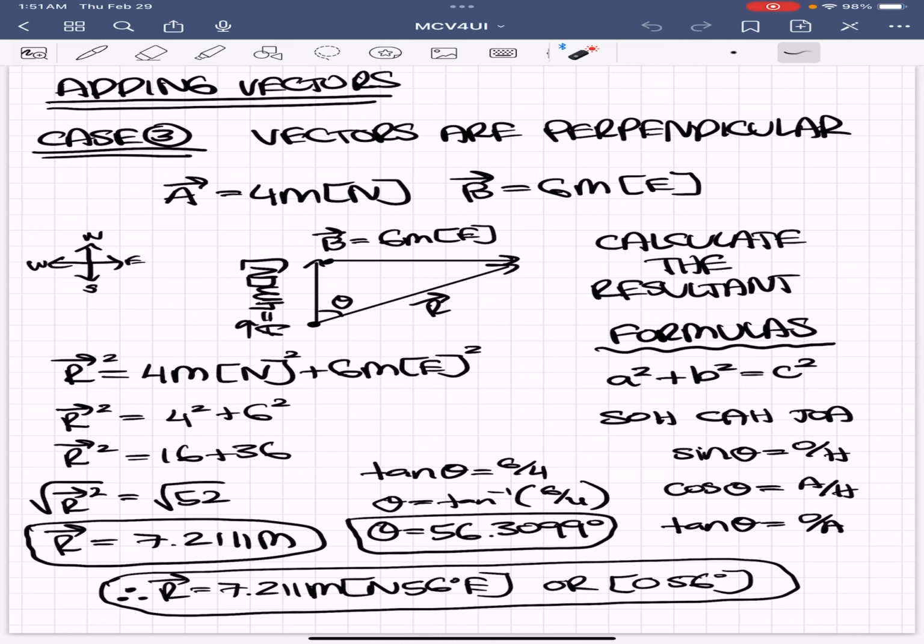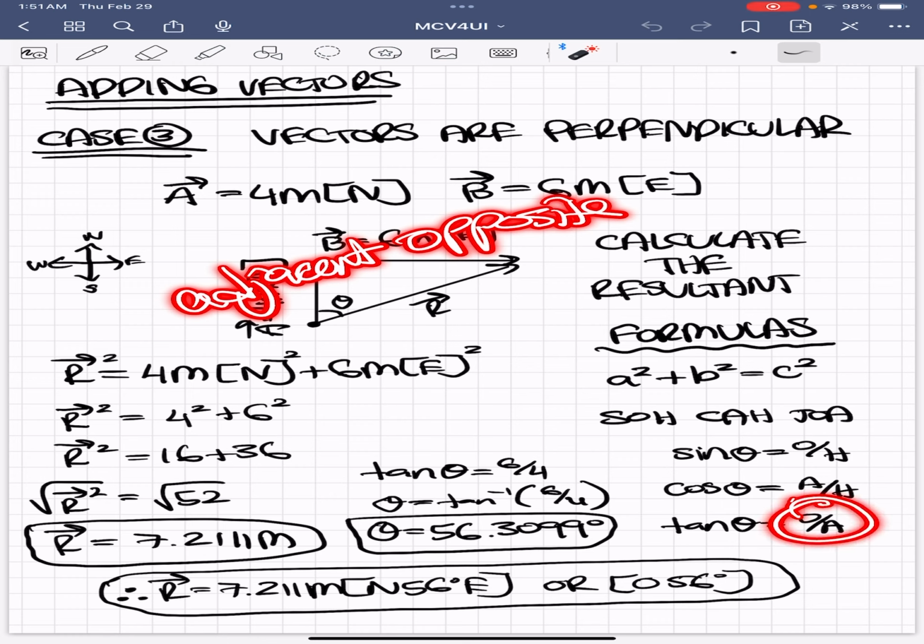So we have opposite and adjacent, and opposite and adjacent would be tan. So we're going to be using the tan function. And that's what we did here.